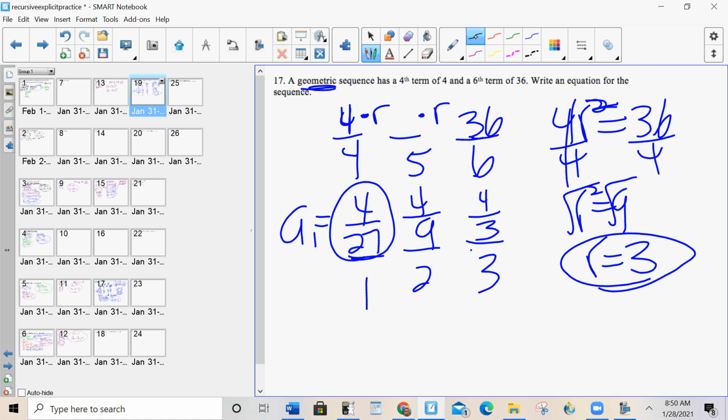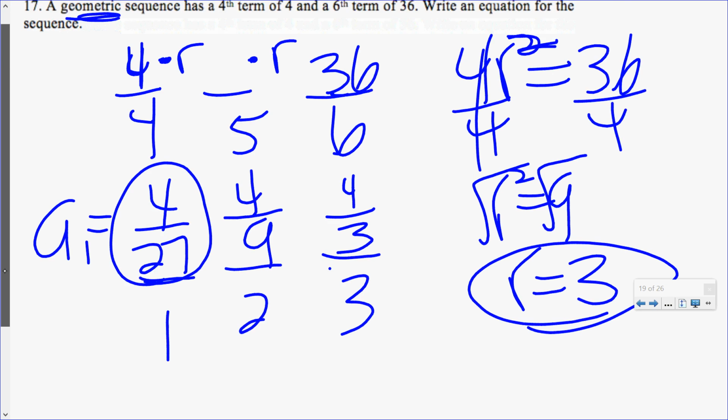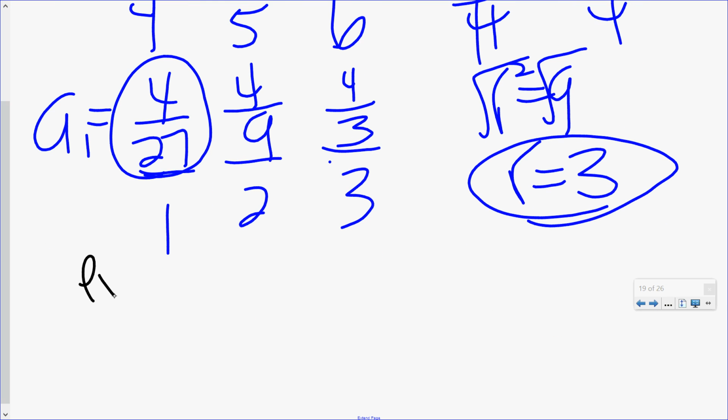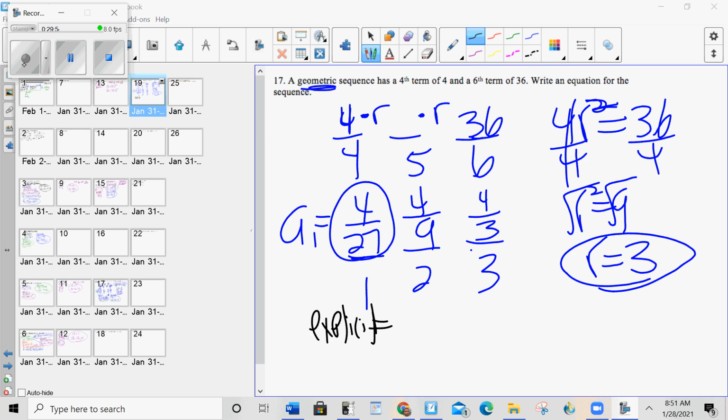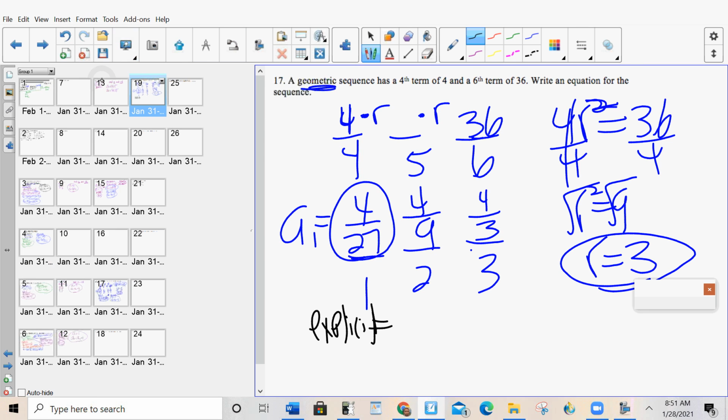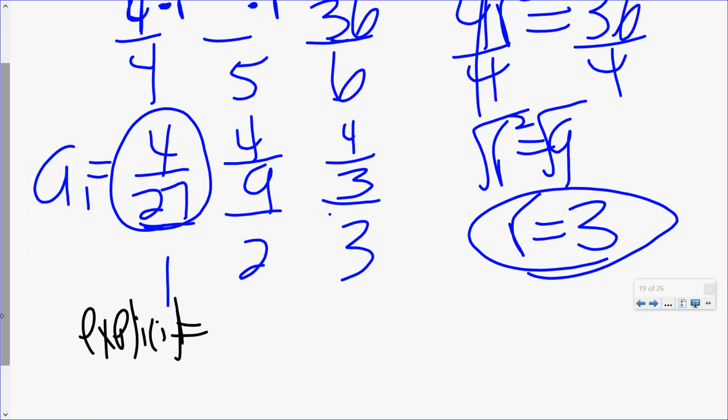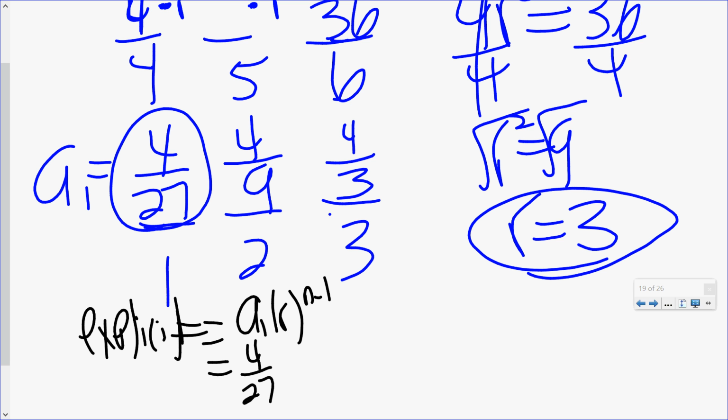Okay, now that you've finished the problem on your own, let's do explicit first. All right, so my explicit for geometric is a1 times r to the n minus 1. a1 is 4 over 27. r is 3 to the n minus 1. Done.